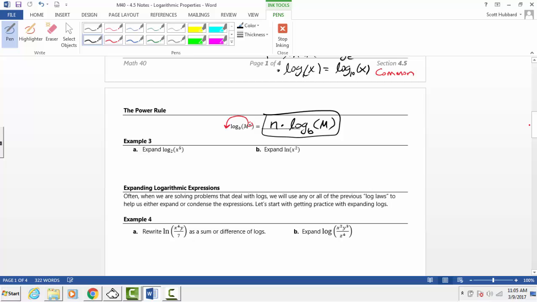Why is this true? Well, let's take a specific example. Let's take log base 5 of, say, 7 cubed. Well, that's the same thing as saying log base 5 of 7 times 7 times 7.